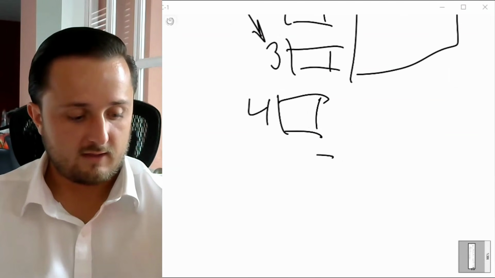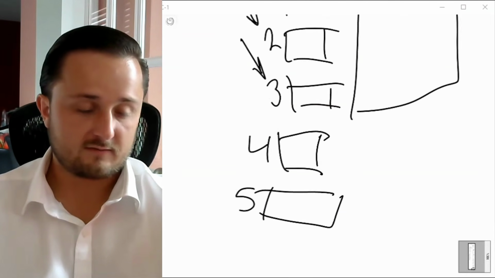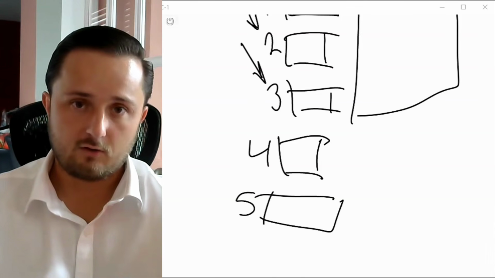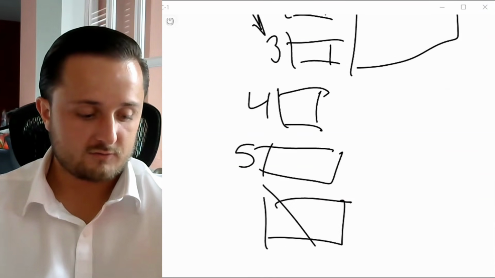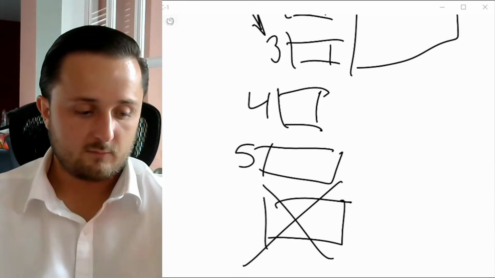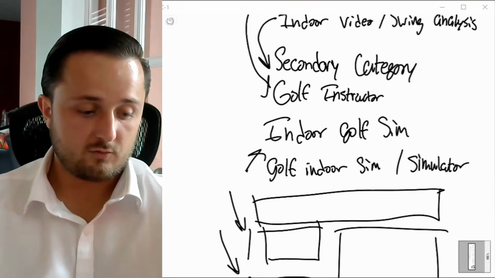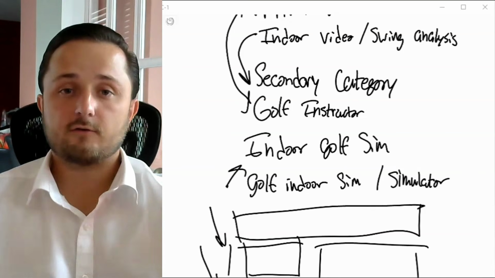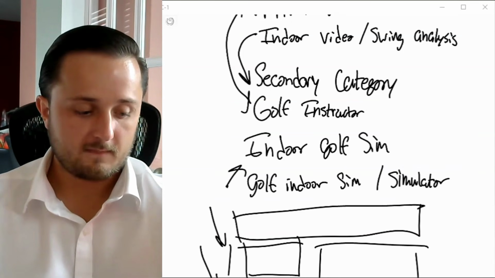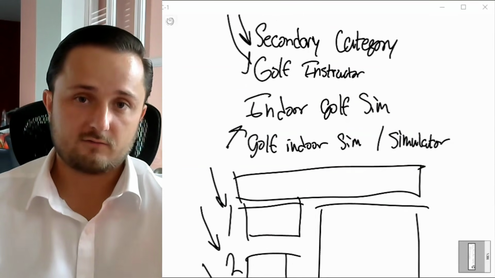You're going to fall out of that 3-pack and you're going to get less and less traffic or clicks or calls. Not only that, there's a chance where your profile just will not show up at all. Someone is searching for an indoor golf video analysis, but you don't have that listed as a service on your Google Business Profile, so Google doesn't know that you offer that as a service.